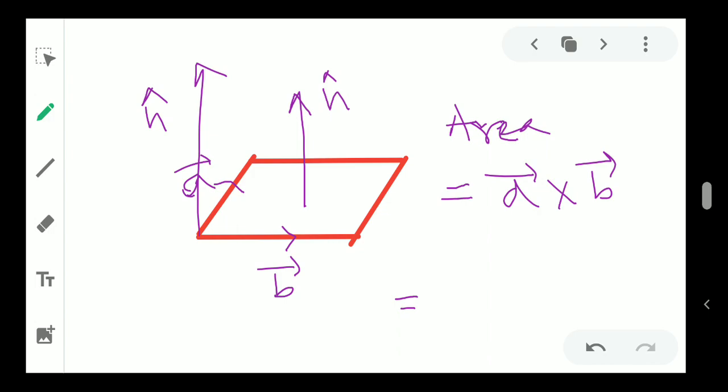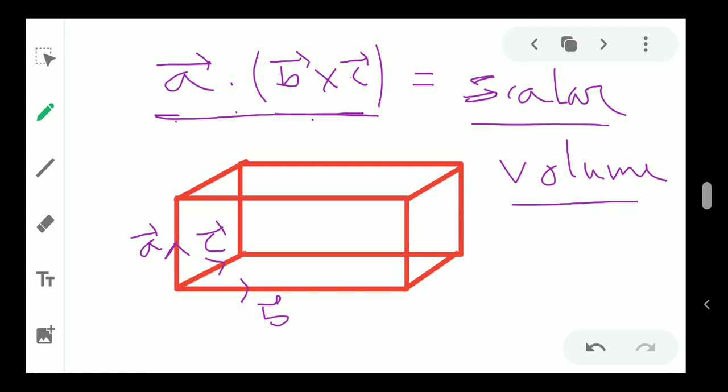Again I'm telling a little bit that area is a cross product of two side vectors, and the direction is always perpendicular to the plane of the area or the surface. The vector triple product is a mixture of cross and dot product, and it represents the volume of any cuboid or something like that, and it is a scalar quantity.